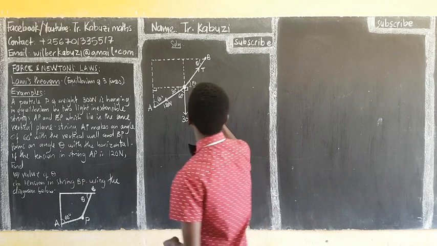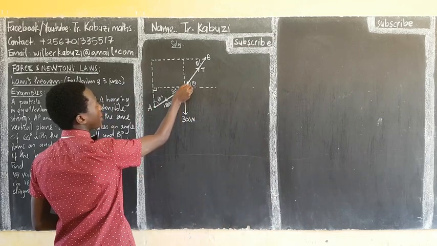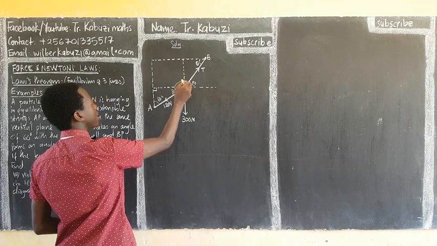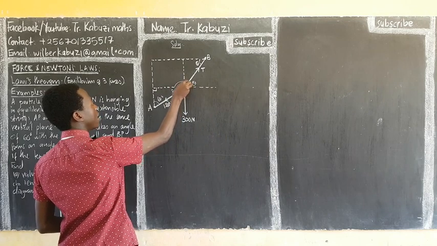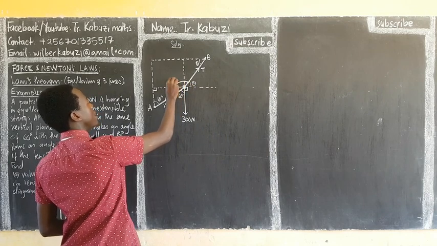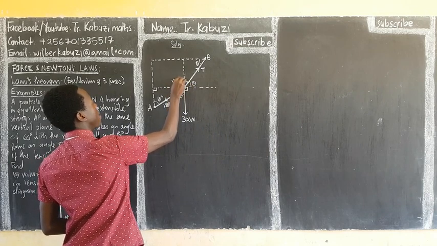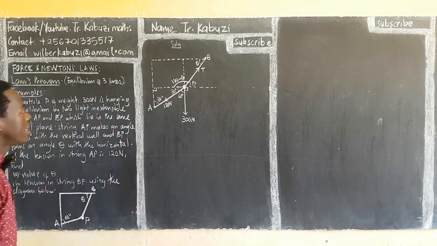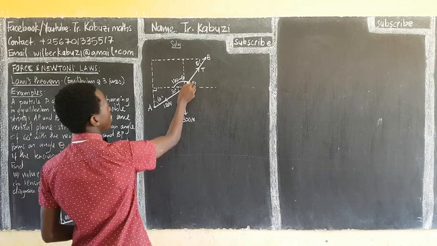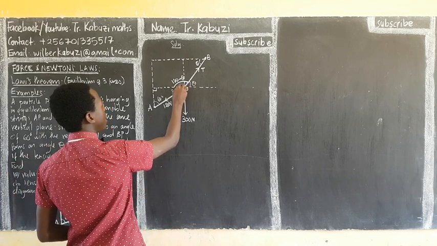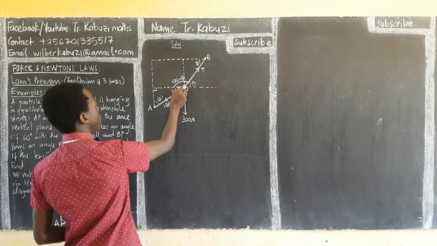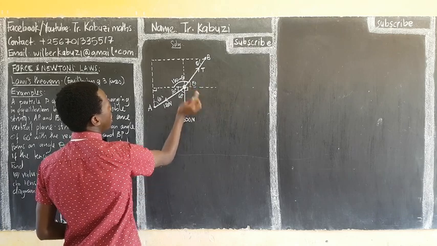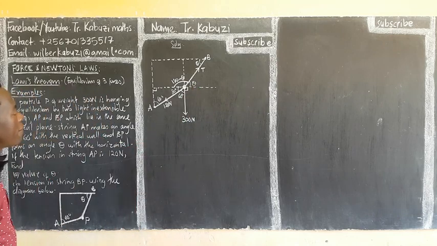The balance from here to this is going to be 180 minus theta, because if this is theta, then this is going to be 180 minus theta. So now we also have this angle here. We add this plus this, then we have this and that. So meaning we have now everything.